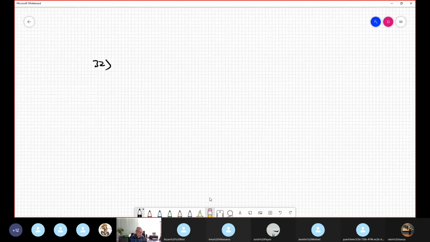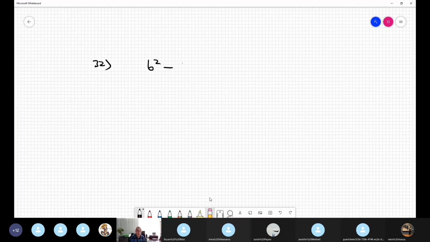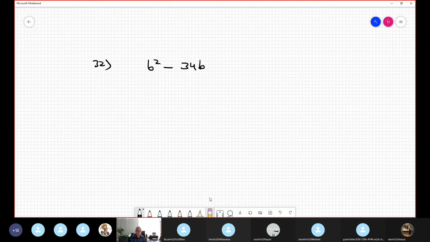32 is the same idea. We have b squared minus 34b plus 289. Okay, I try to apply the test of the perfect square. Square root this guy b, and square root this I put in my calculator because I don't know by memory. Square root 289.